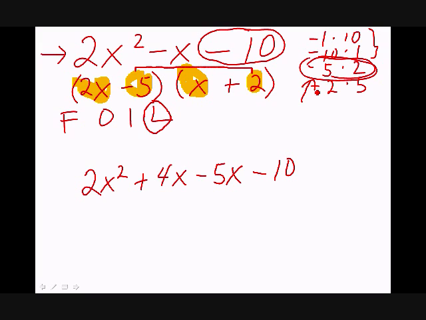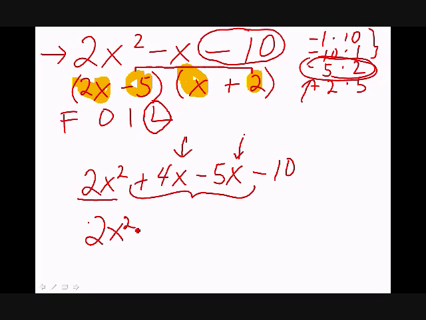Now the only thing I can do is find any terms that are alike, and combine them. I only see two that are alike here: I see a 4x and a 5x. The reason that they're alike is that the x right here makes them like terms. There's not a term that's like 2x squared, so I'm just going to bring 2x squared down.